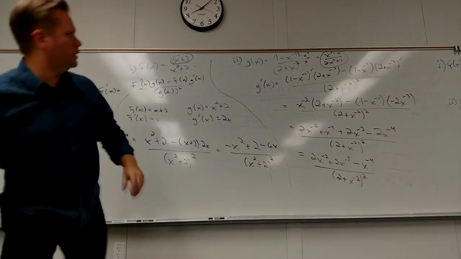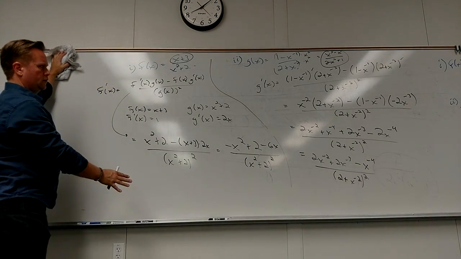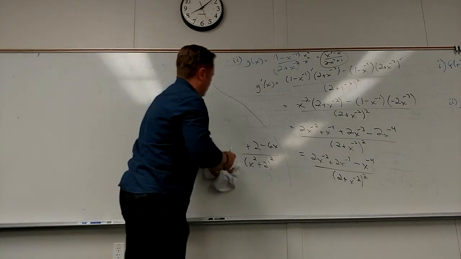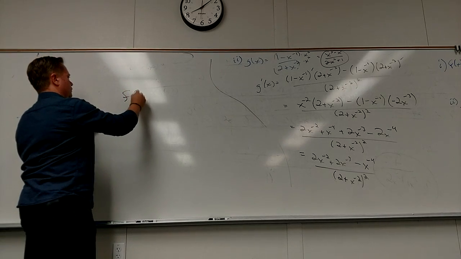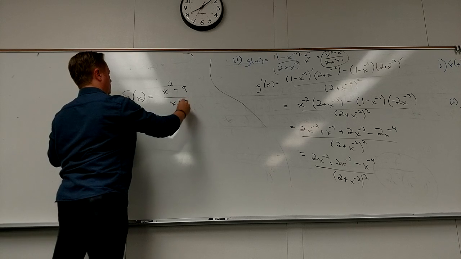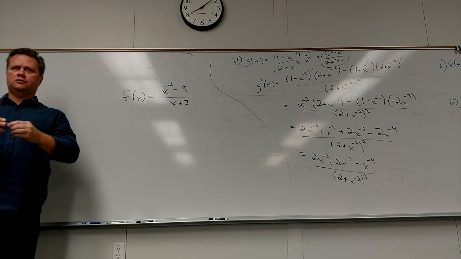So if I gave you this, where you got this piece? This is older. If I just said, find the derivative of this, I would hope to God you guys simplified it first, right?